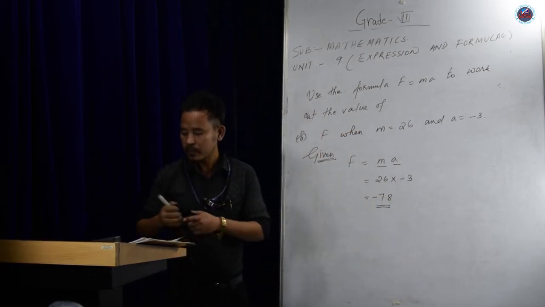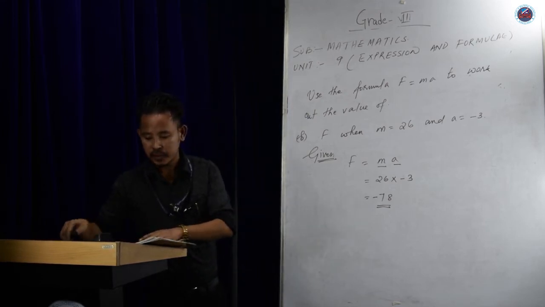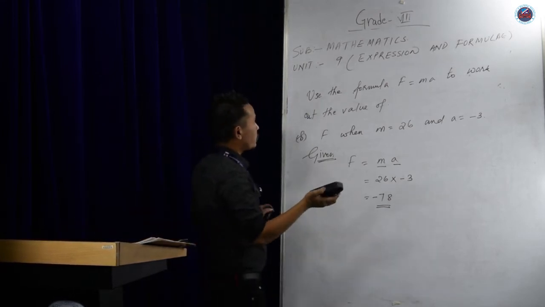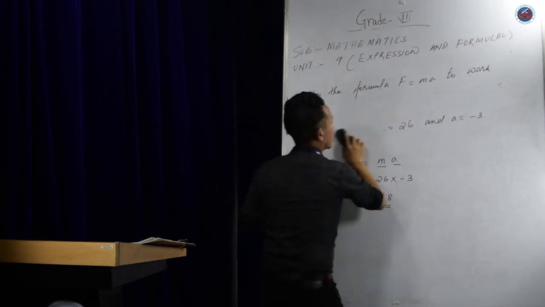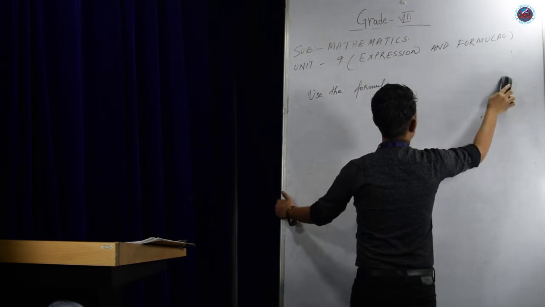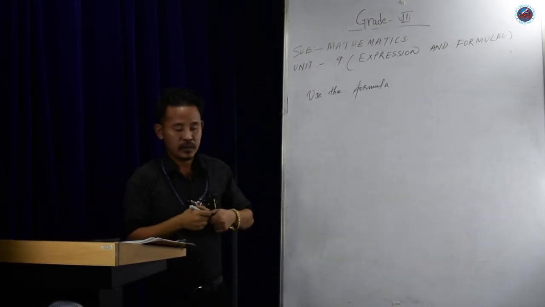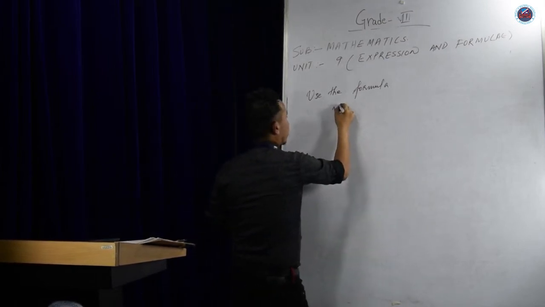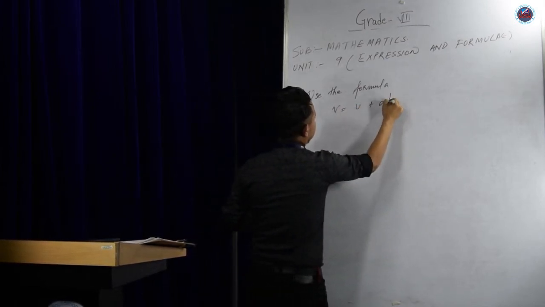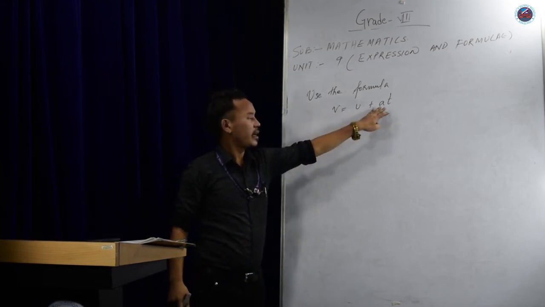Okay, the same way, let's work out question number 3. Here we have to use the formula v equals u plus at, where v is the final velocity, u is the initial velocity, plus acceleration into time.